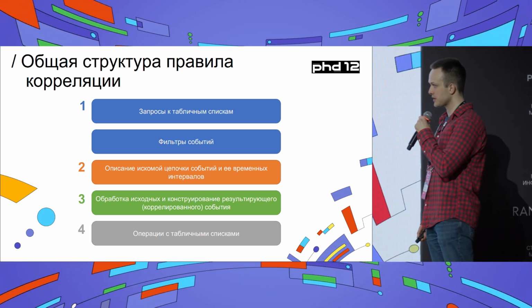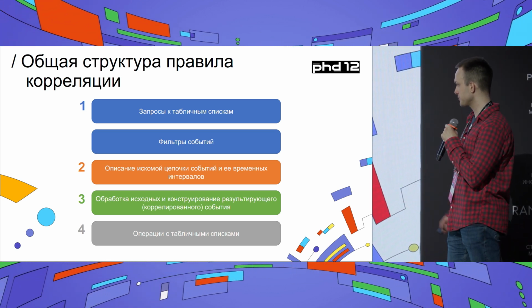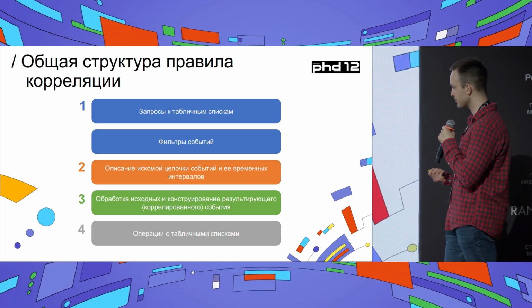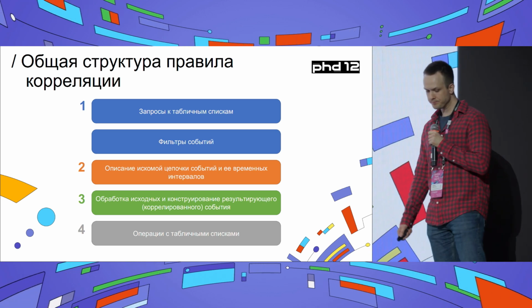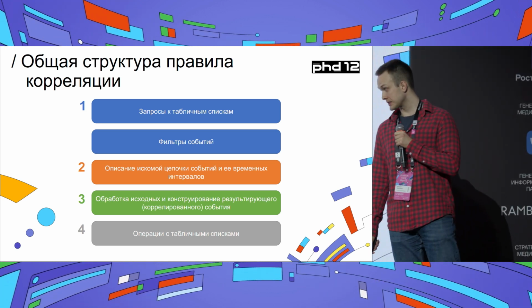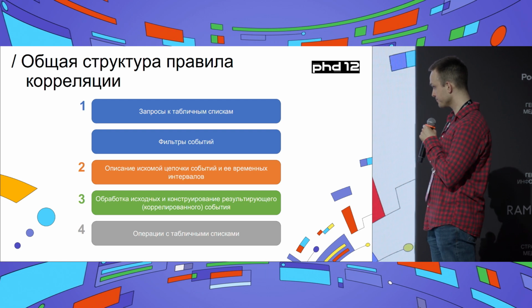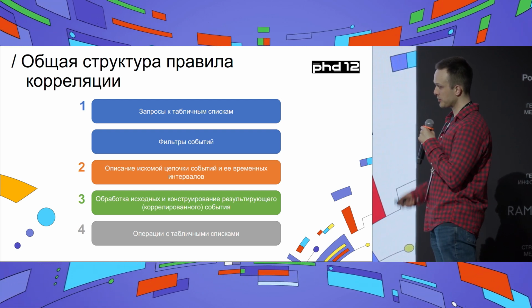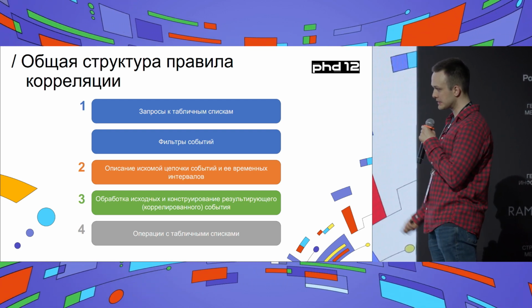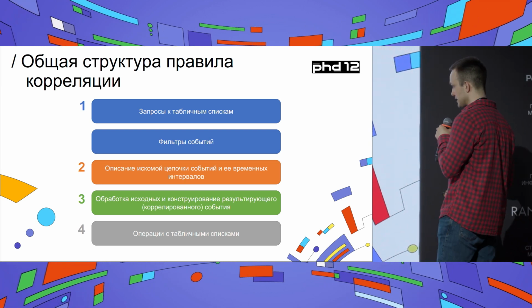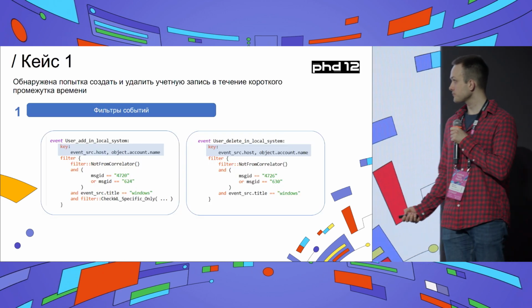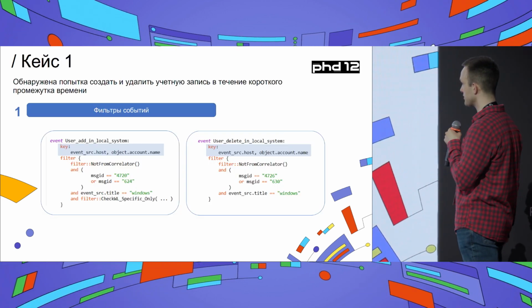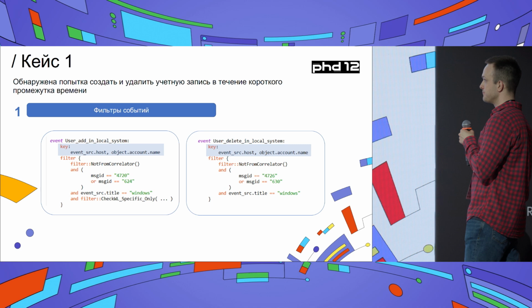Once there's a successful match of the chain, processing of the source event happens, and the development of the output correlated event. And finally, there are operations with table-based lists. We can add some records to the table-based lists, we can remove some records, and we can also clean those lists based on certain conditions.